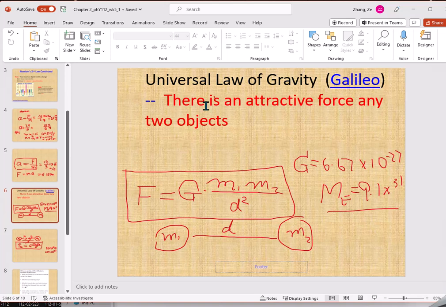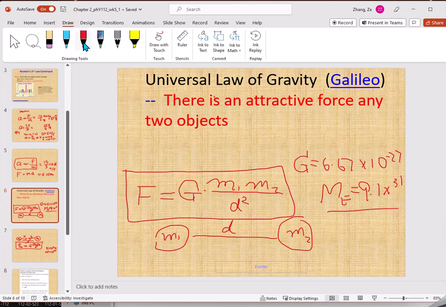Of course, this number may not be accurate, so don't quote it: 10 to the negative 11 or negative 12. I don't remember exactly, but it's in every textbook. The fact I want you to remember is that the constant G in front is extremely small, 10 to the negative 11 or negative 12 or something like that. I'm not forcing you to remember it, but remember that it's a very small constant.